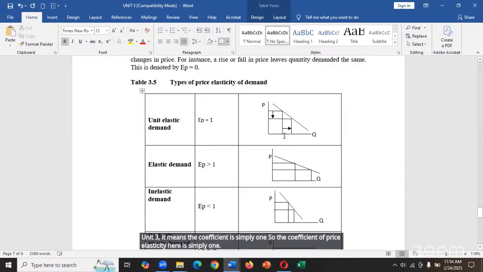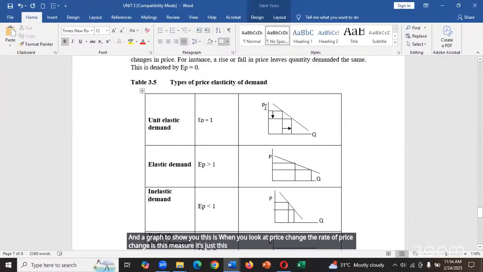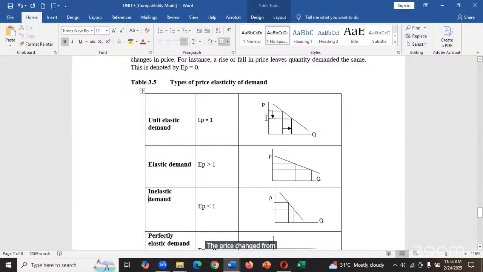And the graph to show it is, when you look at price change, price could change from, let's say, P1 to P0, which is a decrease in price. What is the response of quantity to that change in price?